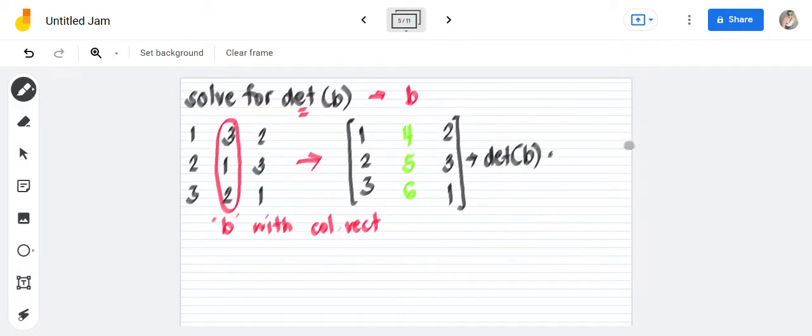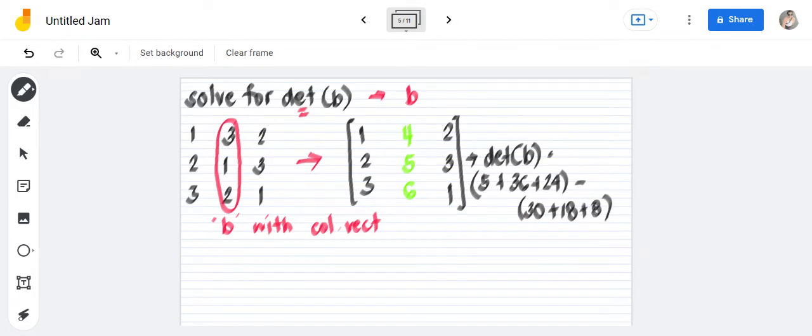Given this matrix, we can now solve for the determinant of b, which is equal to 1 times 5 times 1, that is 5, plus 4 times 3 times 3, we get 36, plus 2 times 6 times 2 is 24. Minus, going upwards, 3 times 5 times 2, 30, 6 times 3, we get 18, 1 times 2 times 4, we get 8.